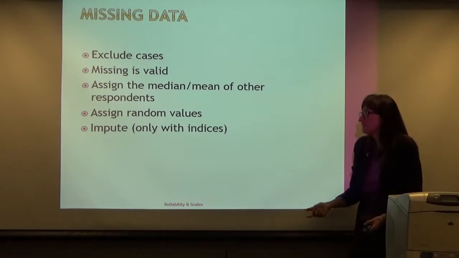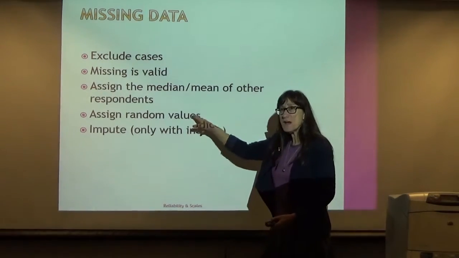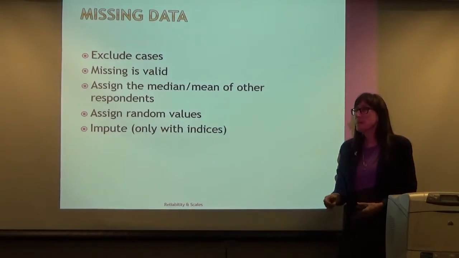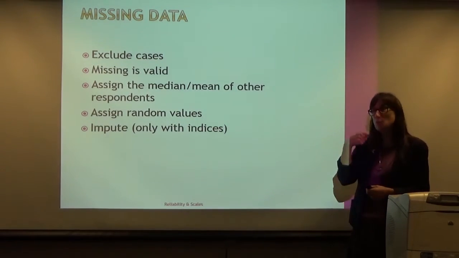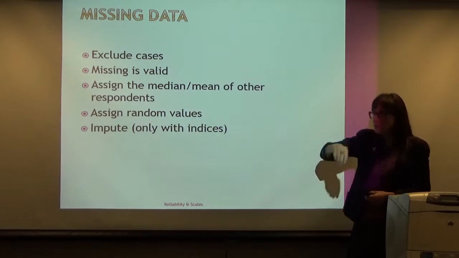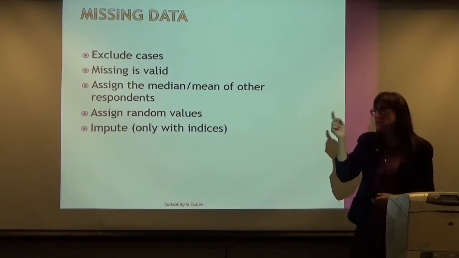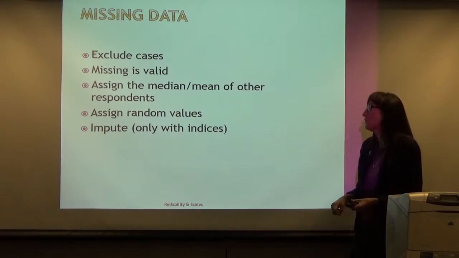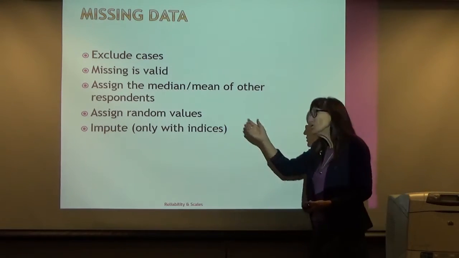People do that. You can assign random values. You can flip a coin if it's a yes/no dichotomous. If there are 6 choices, you could roll a die. You can pull numbers out of a hat. You can use a list of random numbers, which you'll learn about in Soci 132 if you can take that.